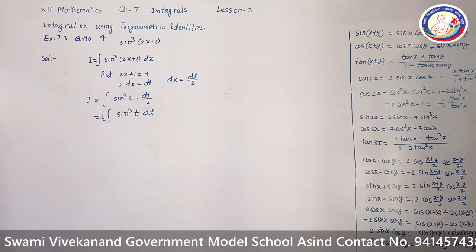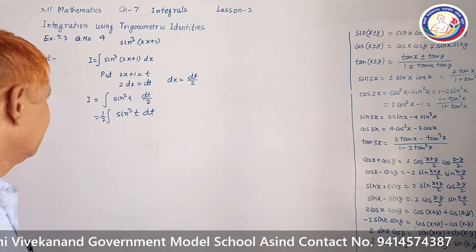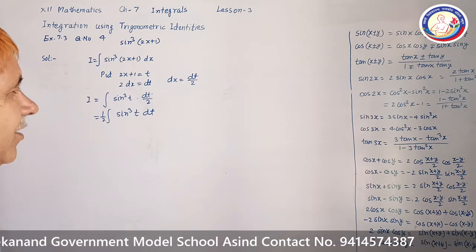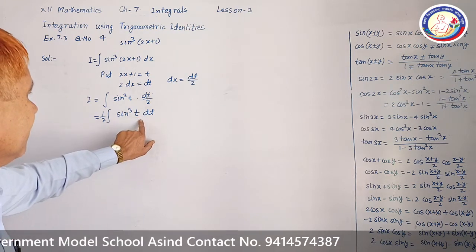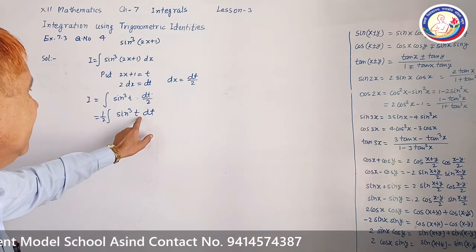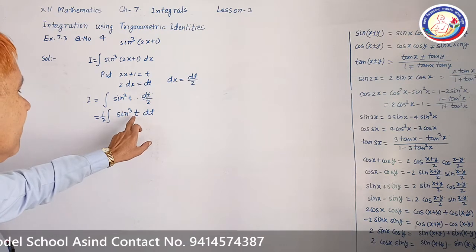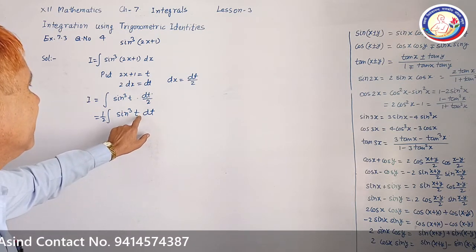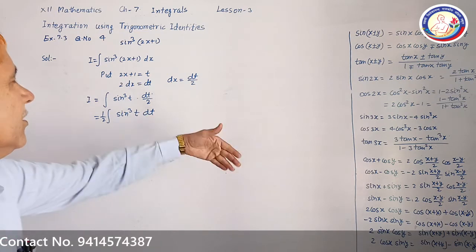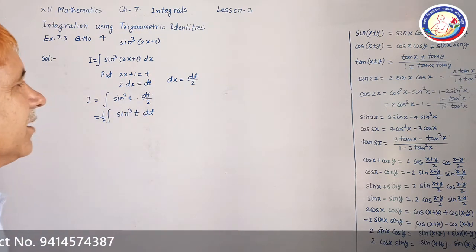Now go to the formula. How can we change sine cube t into functions in which the variable is in multiples, say 2t, 3t, 4t, etc.?